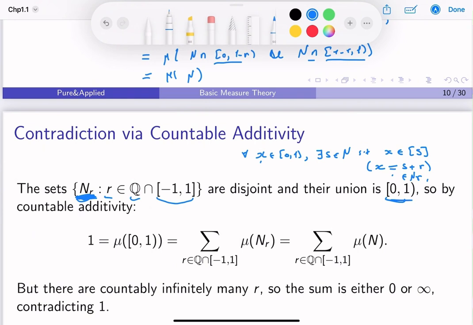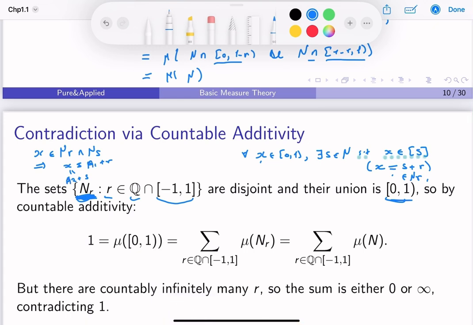And the reason they're disjoint, as I mentioned before, is that if you have an x that falls in two of them, then this means that x is equal to, just assume that we're in the case where this is going to be s1 plus r, and it also can be written as s2 plus r plus s, where s1, s2 are elements in N, so maybe I should call them n1 and n2.